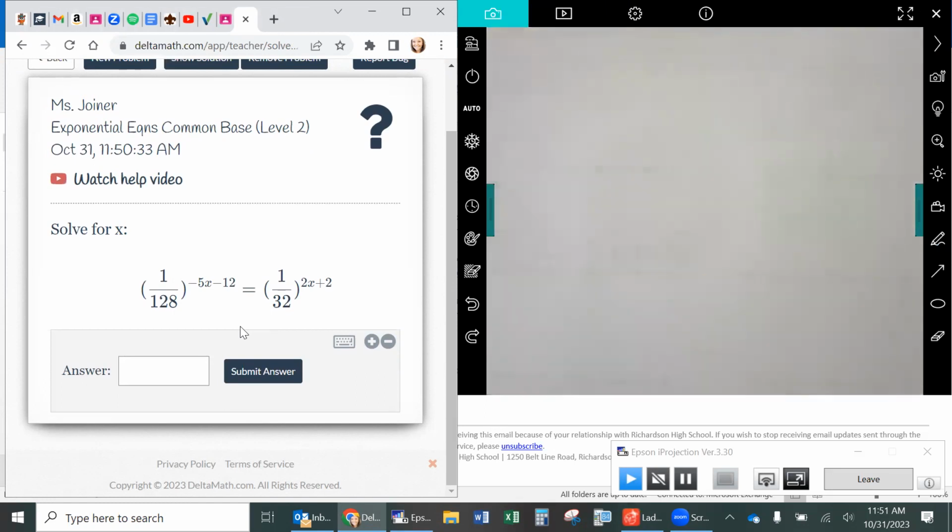Wait, go to the last. Last level 2. I think it's 3rd from the bottom. Yeah. So you have time to do your graphs first if you want, and then we'll do that one in a second.